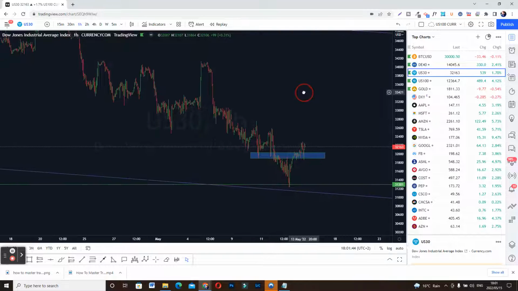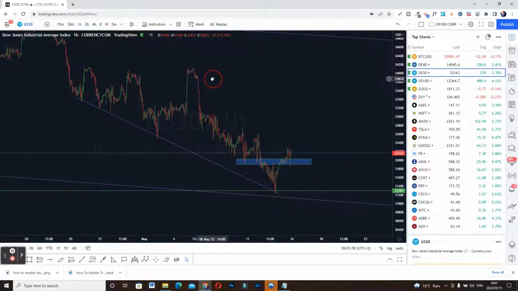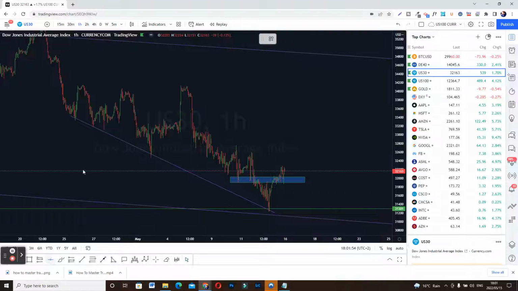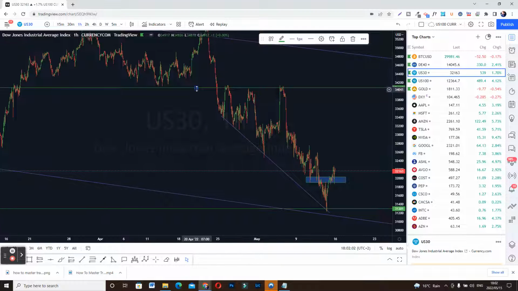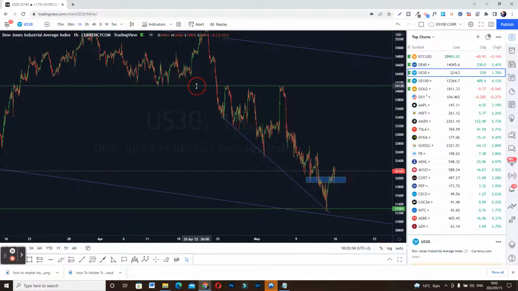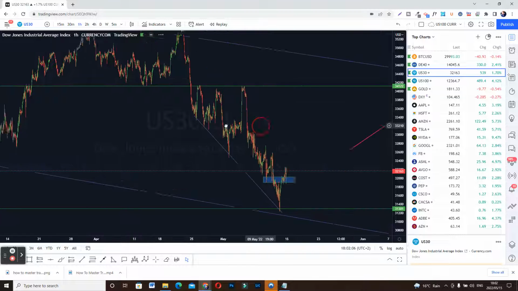Let's look at trends. There you go. Then we can see there is a level here that has been touched a couple of times. It's a very strong level.